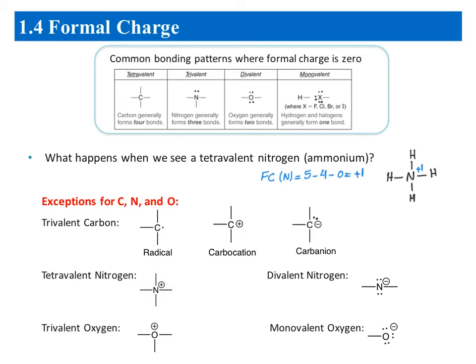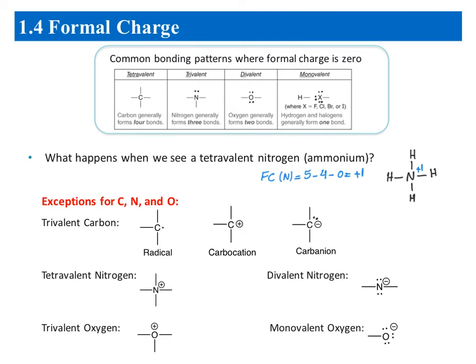We can also have divalent nitrogen. So when nitrogen has 2 bonds, it should have 2 lone pairs of electrons on it, and it is negatively charged. You can calculate the formal charge for that, which should be -1. We can also have trivalent oxygen. So we know that neutral oxygen is divalent, and it has 2 lone pairs of electrons on it.